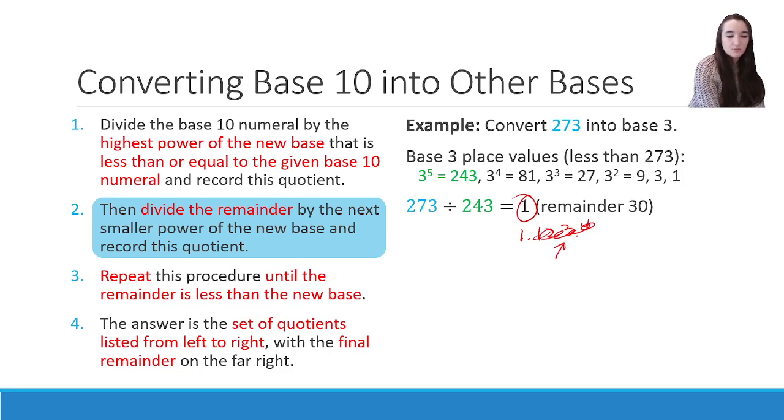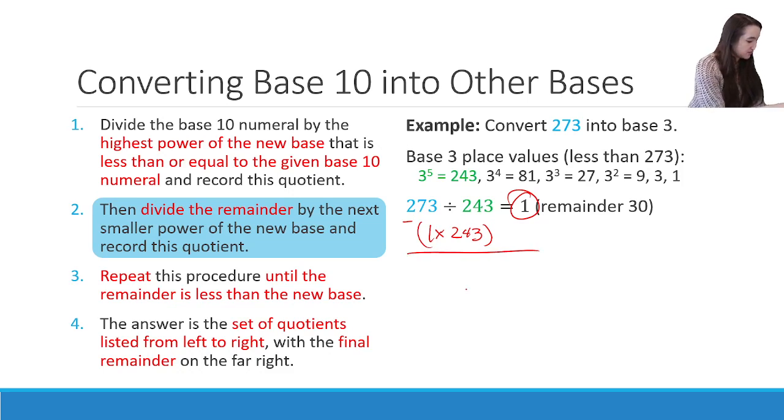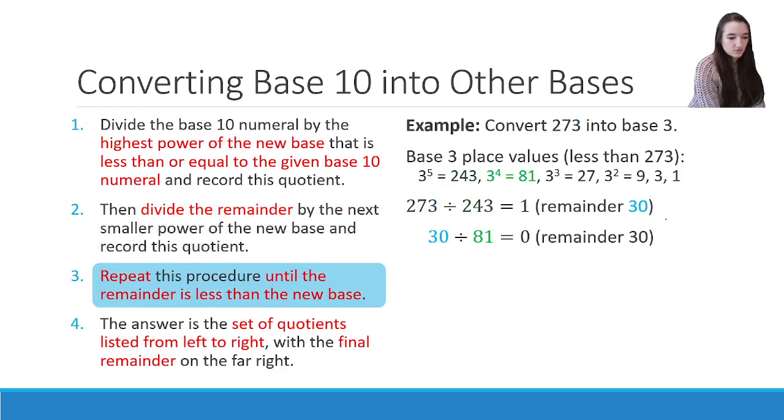We just know there's some remainder, and we need to find the whole number remainder that represents. So the 1 is the quotient, and so I take 1 times 243, and I subtract that from 273. So 273 minus 1 times 243 is 30.